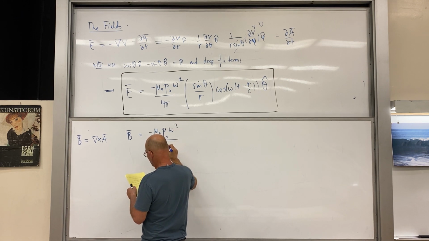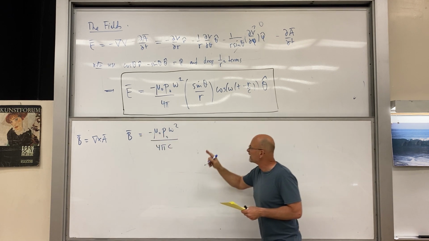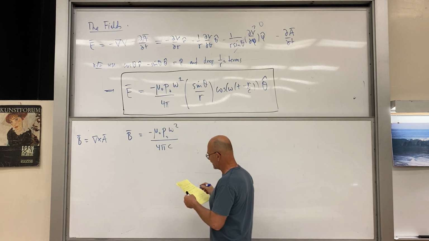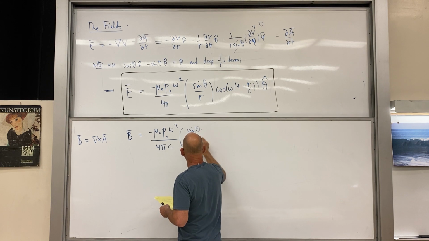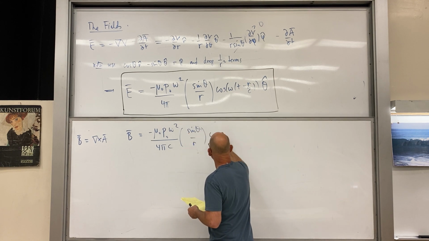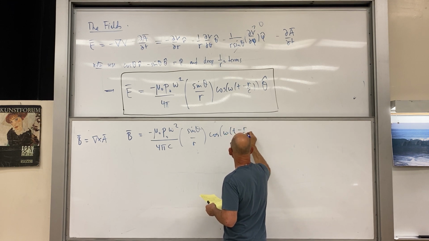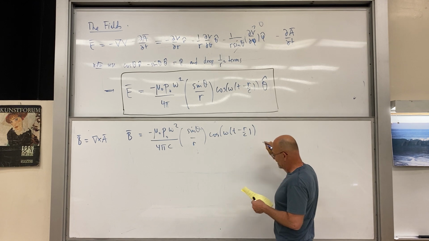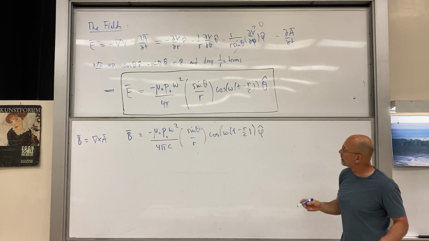We're really looking at the same thing. Remember the B and the E differ by a factor of c right there. And then the same thing: sine theta divided by r, cos of omega t minus r over c. But this was theta hat. This now is phi hat. So we're in spherical polar coordinates.